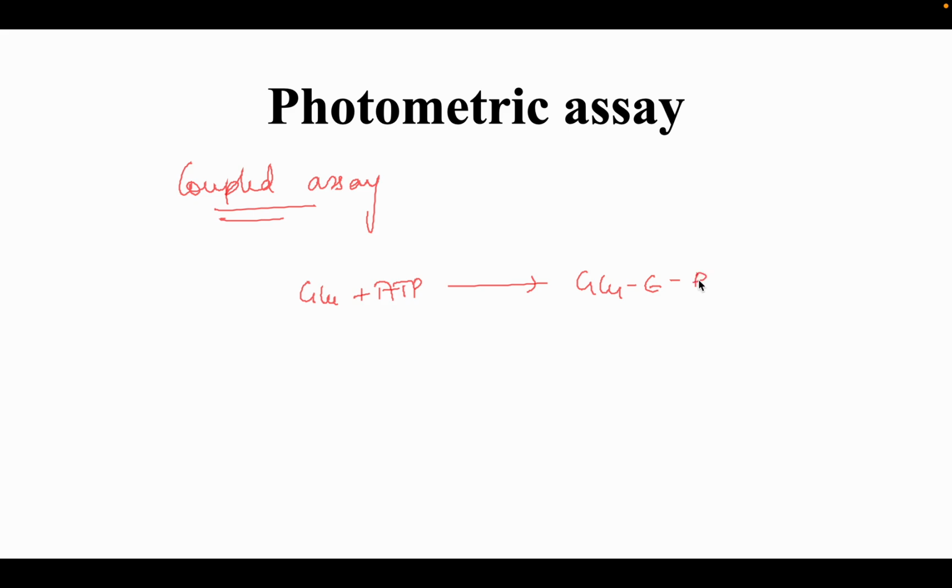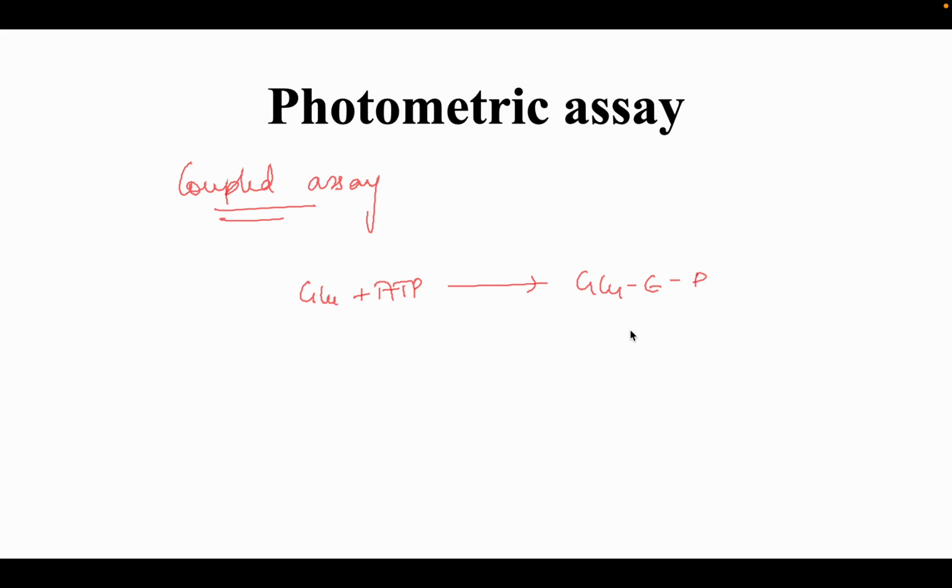Some photometric assays could also be coupled. So what is a coupled assay? In the same way, take glucose plus ATP to glucose 6 phosphate, the same reaction.